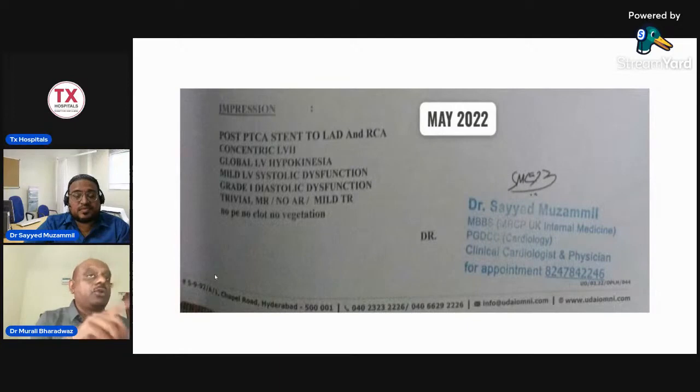But here we have global LV hypokinesia, that is, all chambers are not moving well, right? If they are mildly hypokinetic globally, yes. Mild is missing there, sir. It is my report only; I missed writing mild. Many times we get this scenario, sir. Mild global LV hypokinesia with mild LV dysfunction can be there. Because you wrote global, I was worried. Point clear.